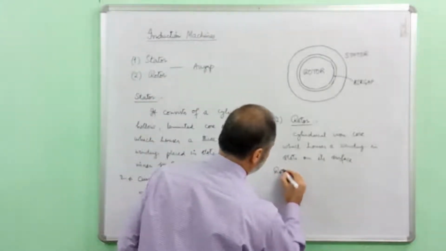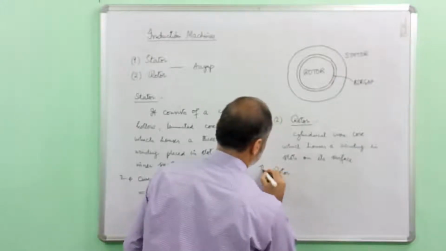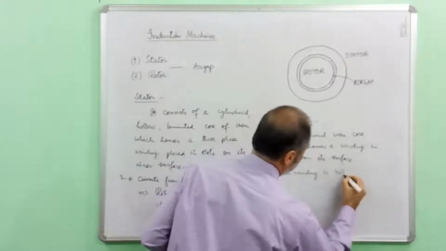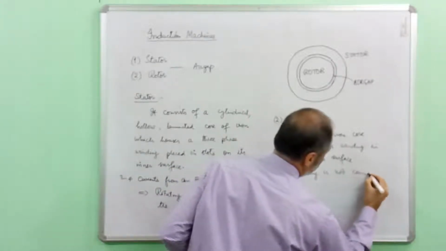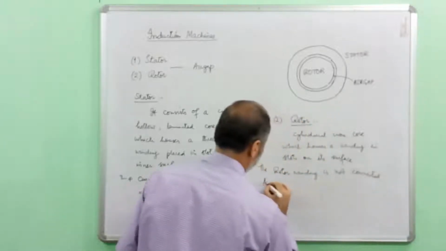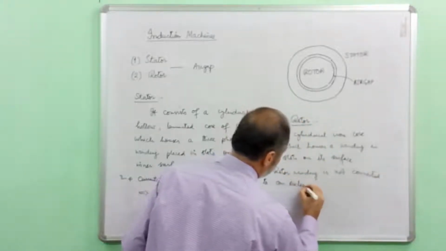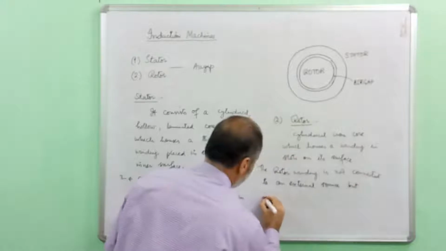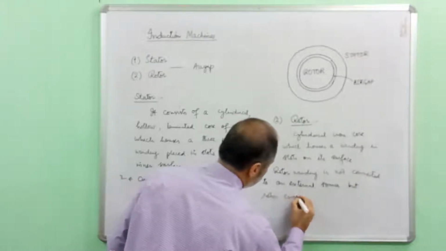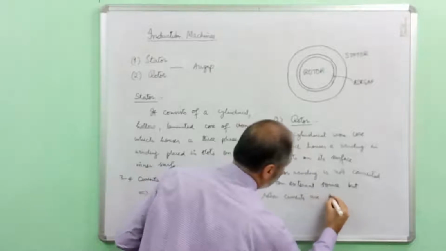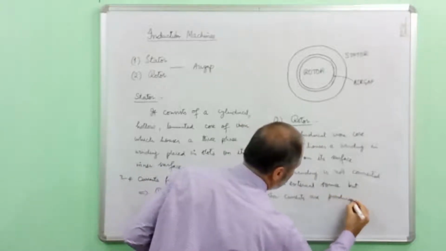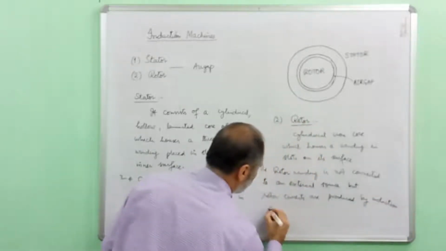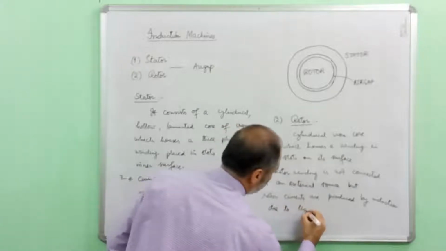The rotor winding is not connected to an external source, but the rotor currents are produced by induction due to the rotating magnetic field.